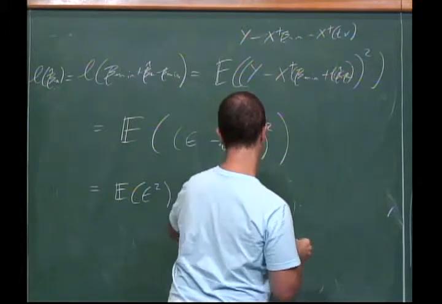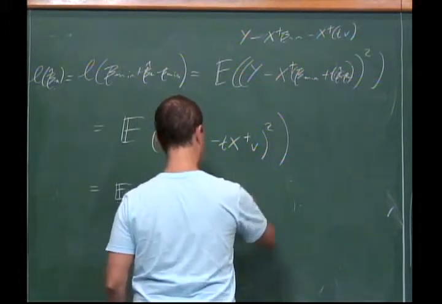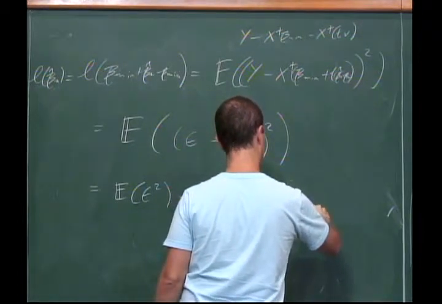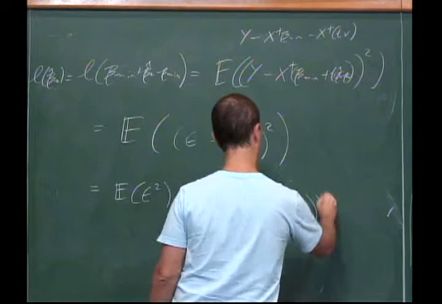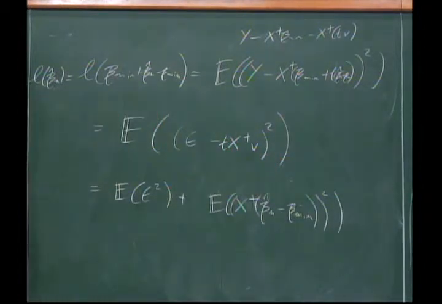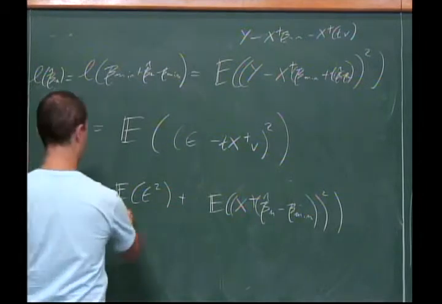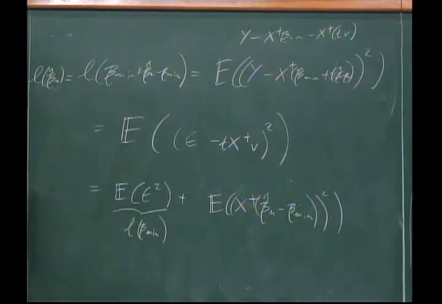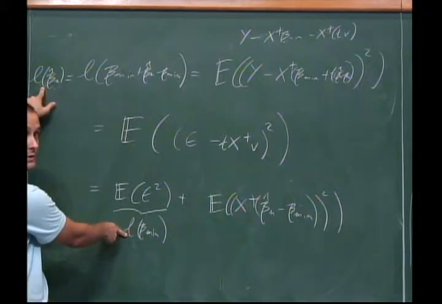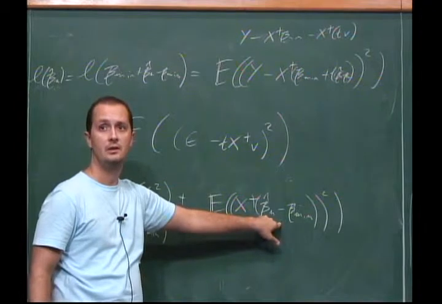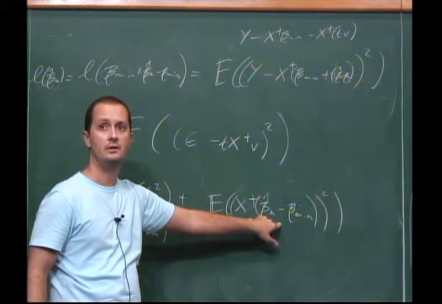So what we're going to get here is the expectation of x, beta hat n minus beta min. And of course, this is the loss of beta min. What I'm saying then is that in order to know the difference between these two losses, you only need to know how this quantity behaves. Right? Is this clear?